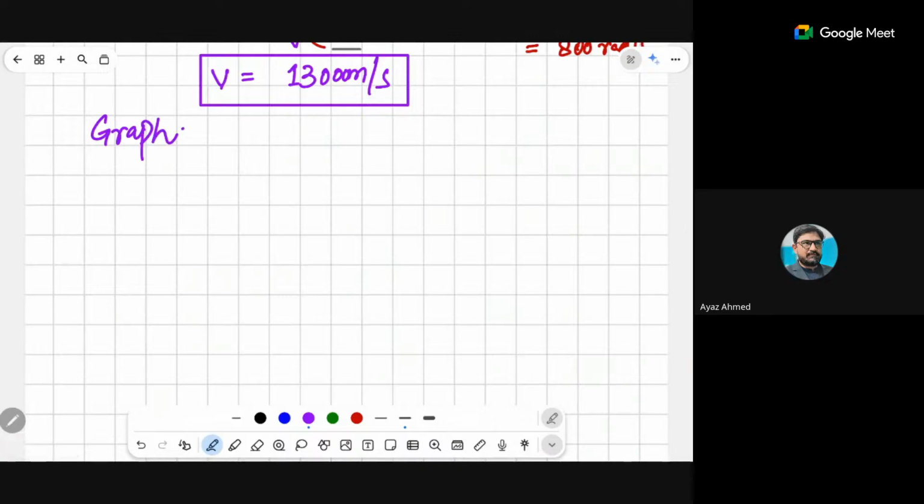The graph of velocity versus position is a very intellectual and very tricky graph.